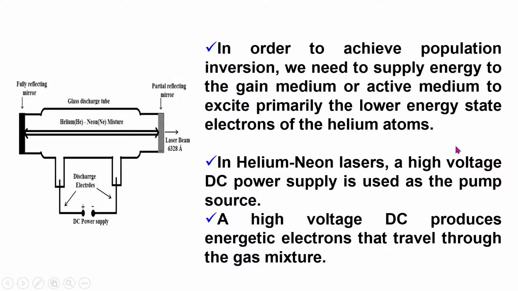In this helium neon laser, a high DC voltage power supply is used, and by applying the high voltage across these two electrodes, the DC high voltage produces energetic electrons that travel through the gas mixture. That means there is a flow of electrons through the mixture of helium and neon gas.